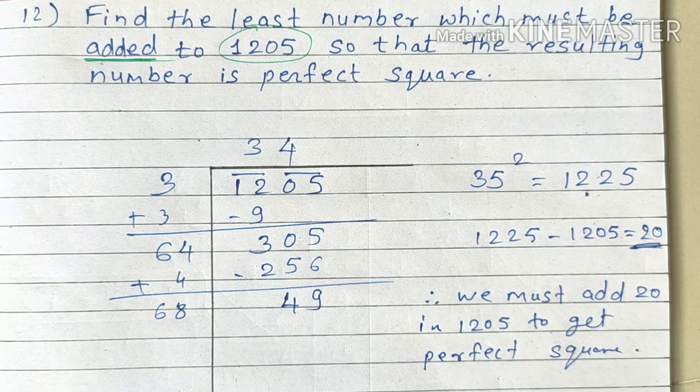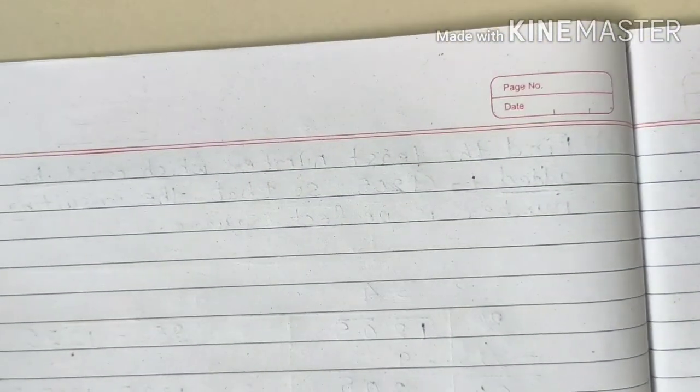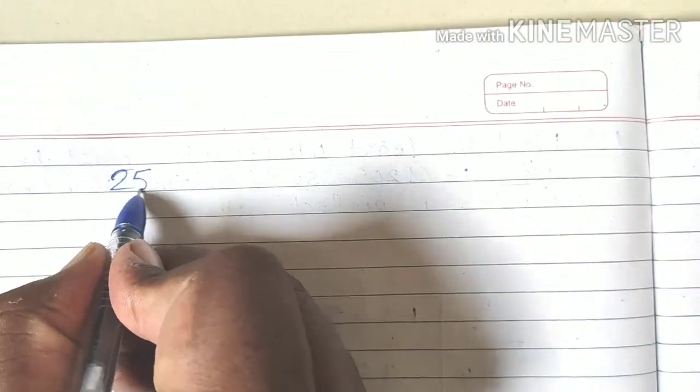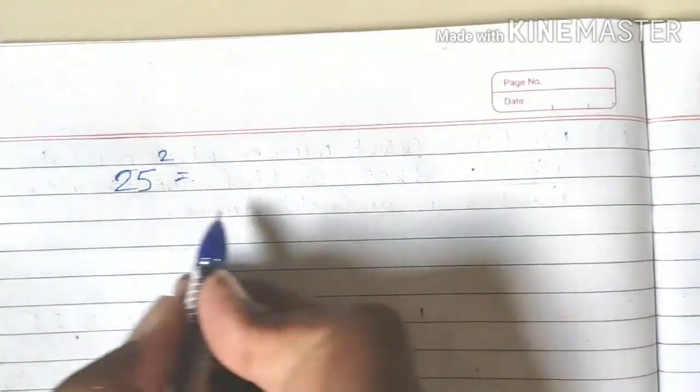Okay, now let us discuss the shortcut method to find squares. Today I will teach only one or two shortcut tricks to find squares. For example, suppose 25 is there, we want to find the square of 25. Basically it is related to the unit place being 5.